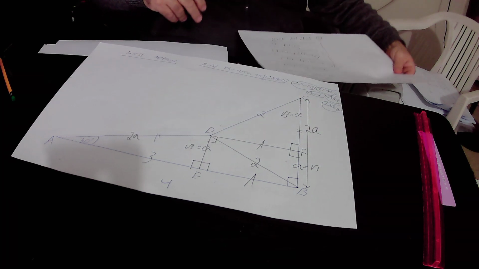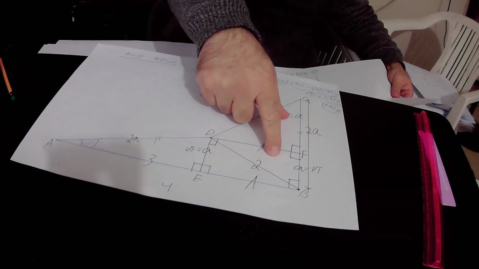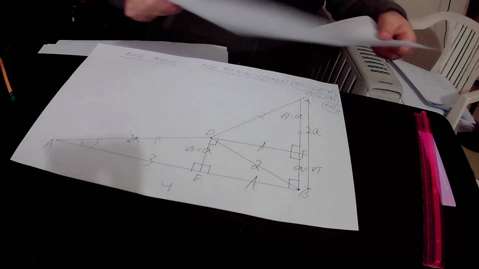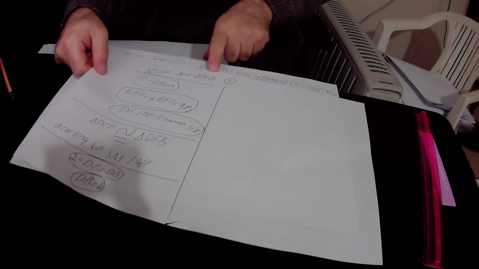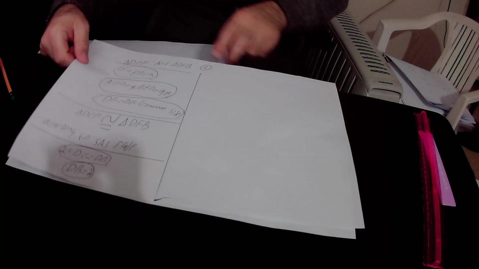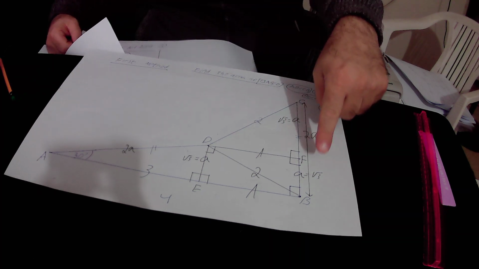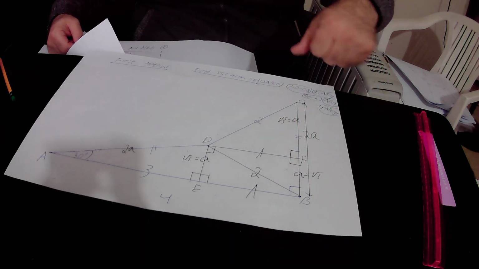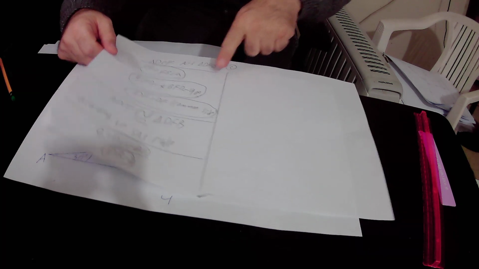We proved that those two triangles can go into each other. Why? First of all, we proved that triangle DCF can go into triangle DFB. CF equals BF equals a. Angle CFD equals angle BFD equals 90 degrees.